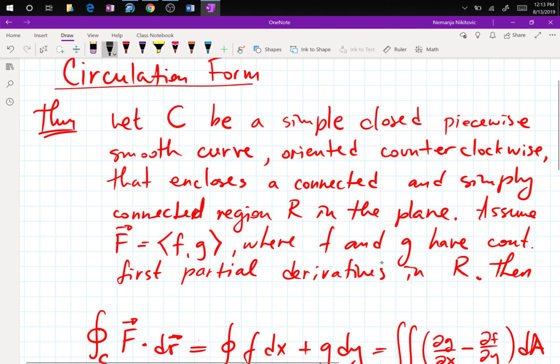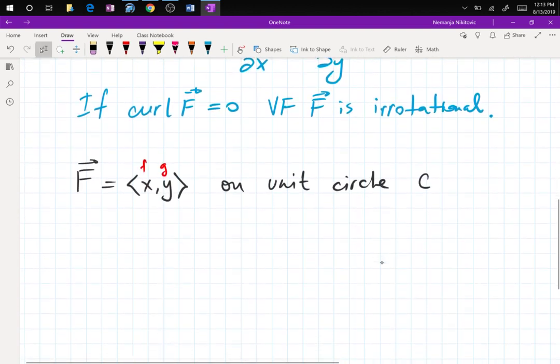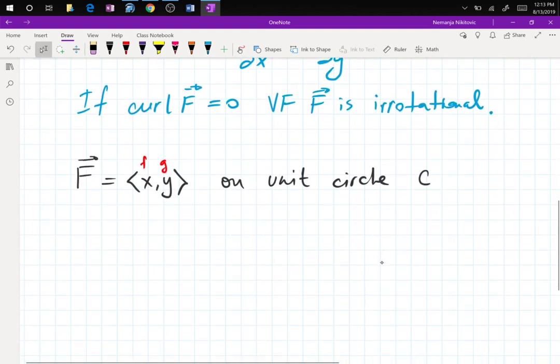It encloses a connected and simply connected region, which means the stuff inside the circle has no holes and is one piece. So the unit circle fulfills all of these criteria. And F and G, which are just x and y, are both differentiable and have first partial derivatives, which are continuous, 1 and 1. So we're all good there.